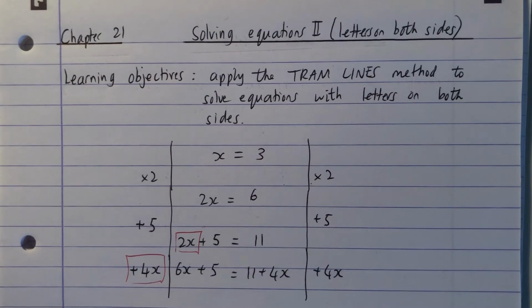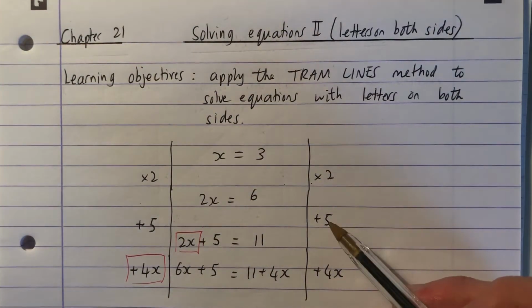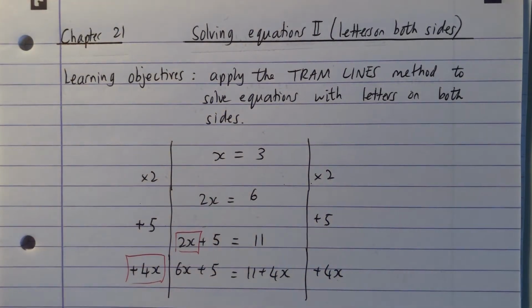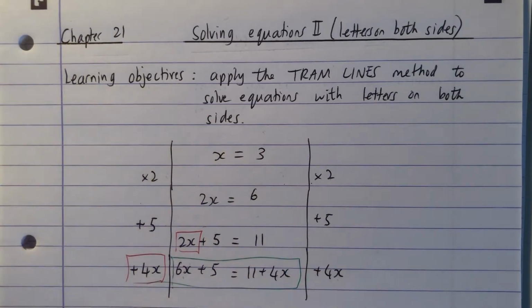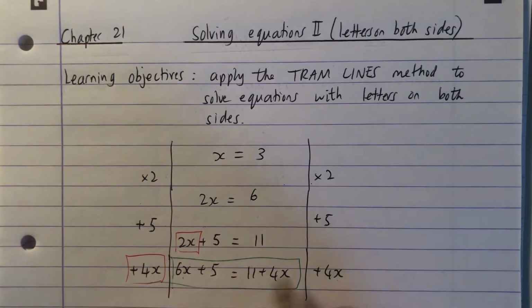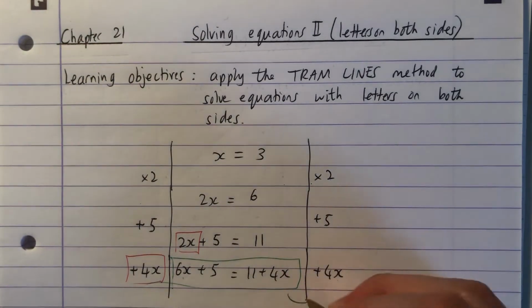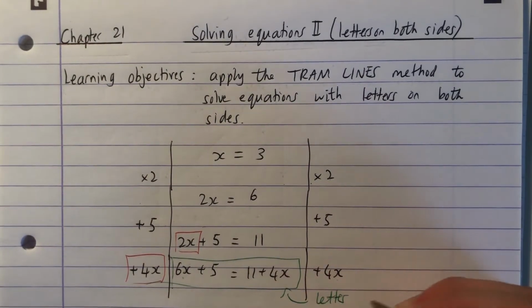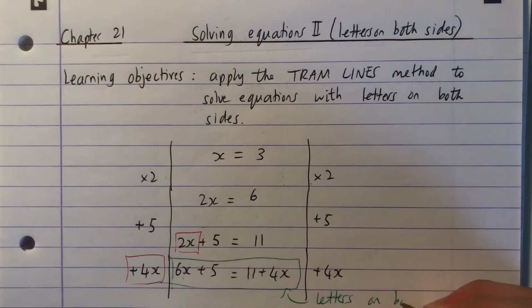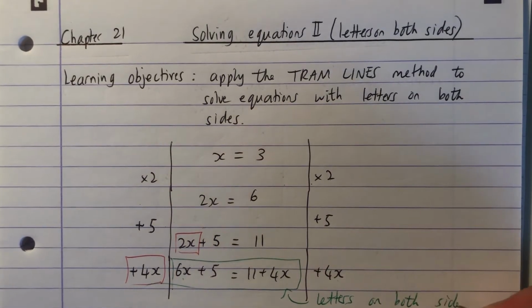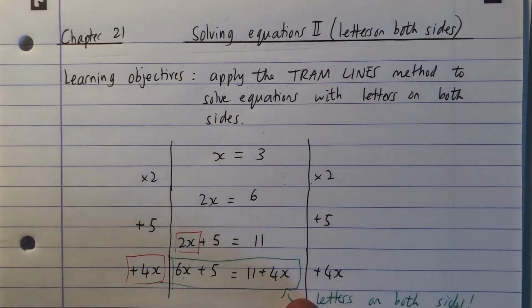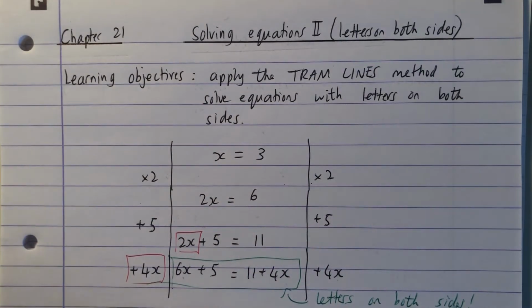And if you look at this equation I've ended up with now, just doing 3 basic operations, you've ended up with an equation where there's a letter on both sides. And this is the type of equation we're going to have to solve today. So letter on both sides. We're going to have to do these operations but backwards.